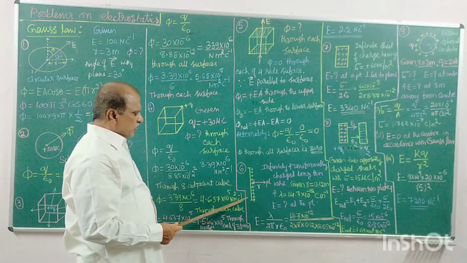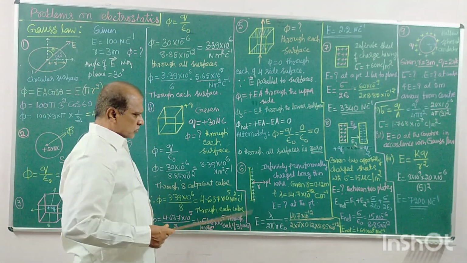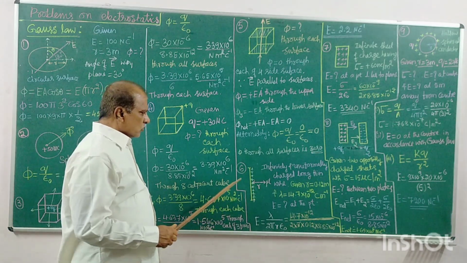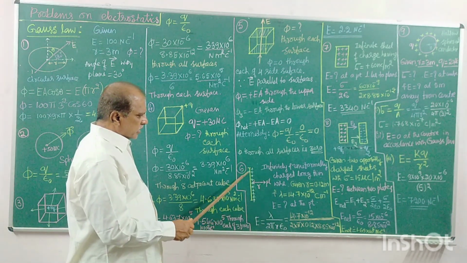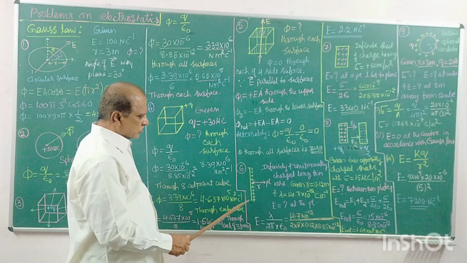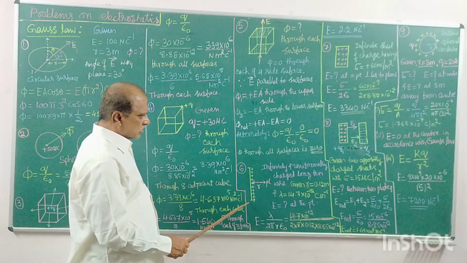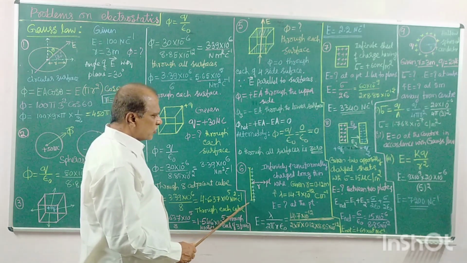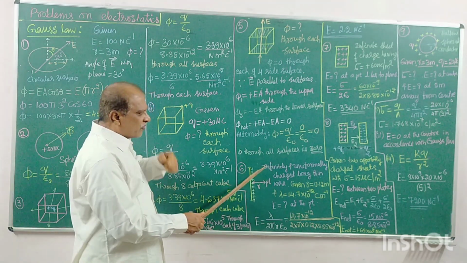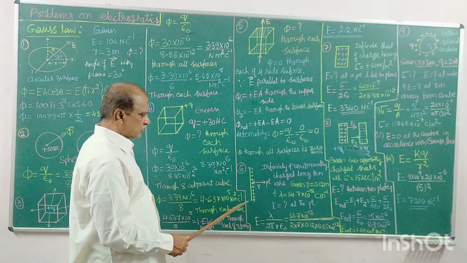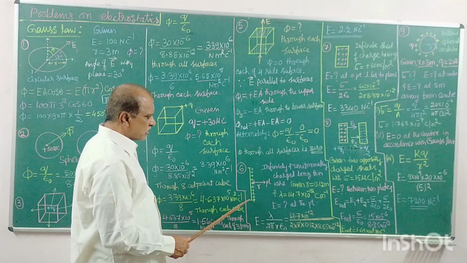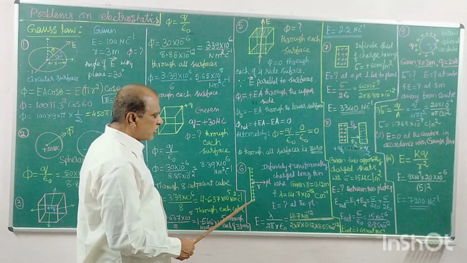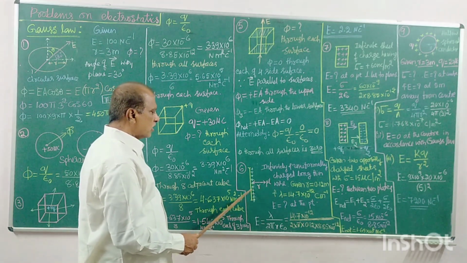What is the problem given here? A thin wire, a conductor, carrying infinite charges, with the charges uniformly distributed along the wire.